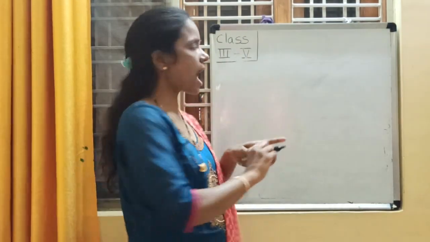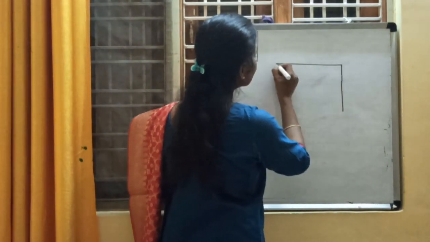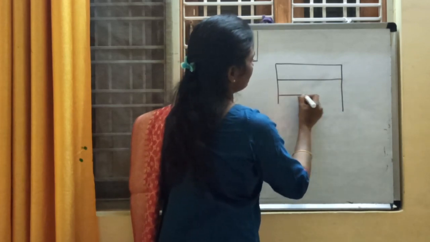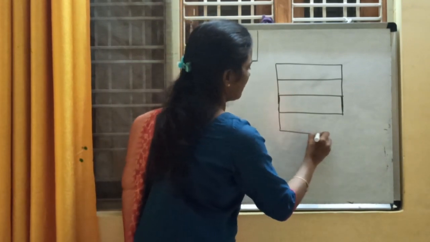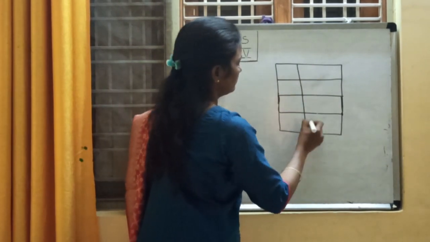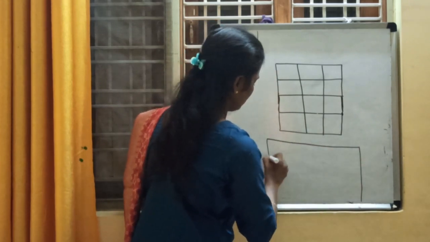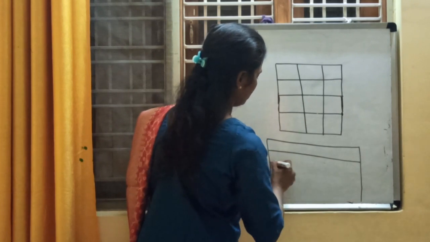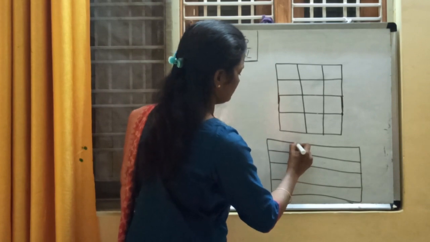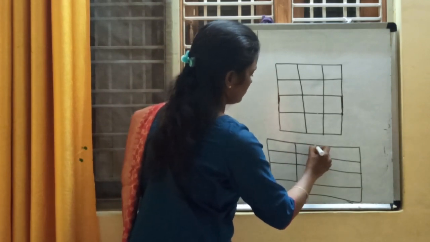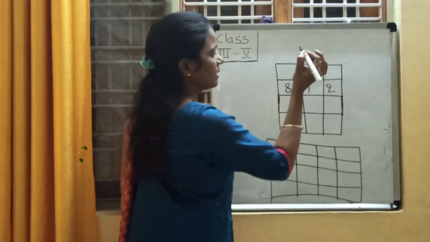With examples, I want to explain to you. Yeah, take a 3-digit number first. 812.